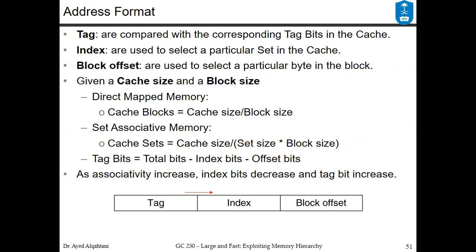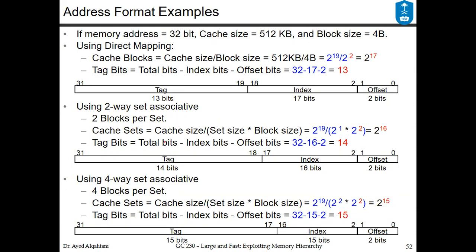So we apply it here, and the cache size is 2 to the power 19, the same one that we've seen before. Now the set size is 2 to the power of 1, because we have two-way set associative, times the block size, which is 2 to the power of 2. This is the same one that we had before.